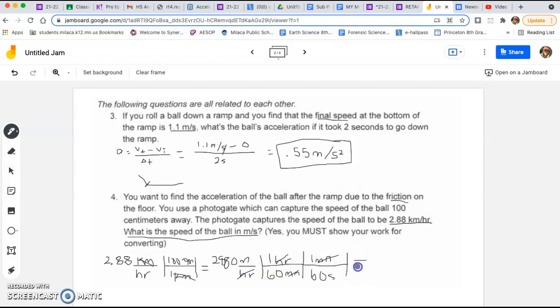So if I calculate that out, my answer should be 0.8 meters per second. 0.8 meters per second. Okay, and hopefully if you pause that, you got that as well. So you can stop here, and then there will be another video for the other few questions.